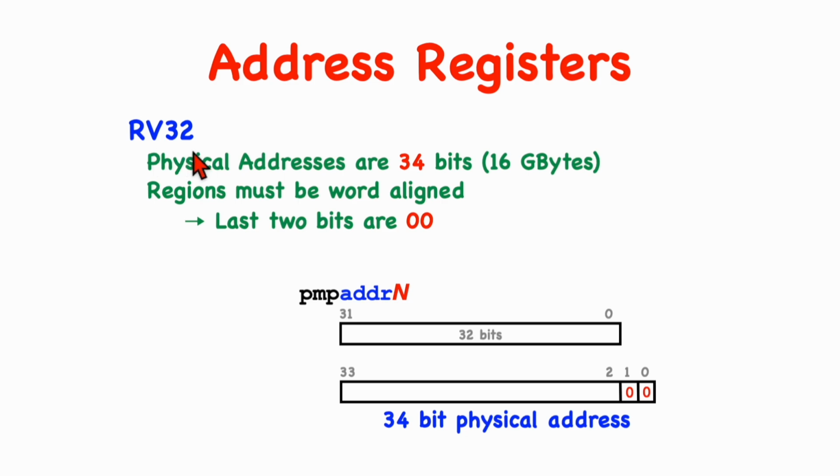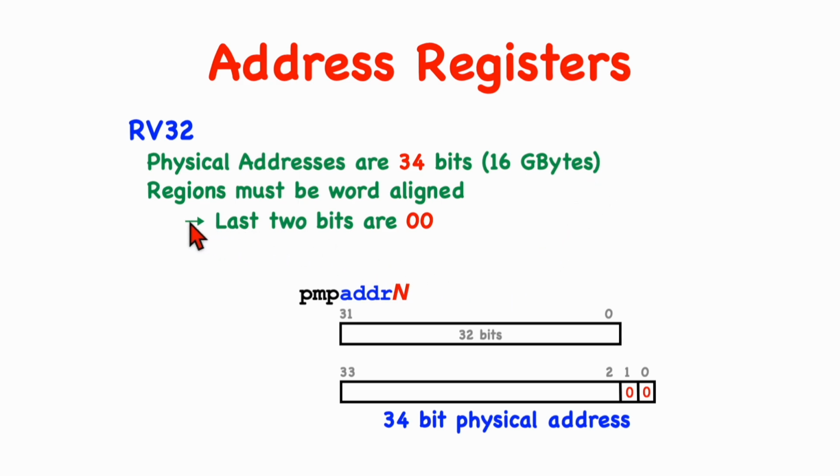For 32-bit RISC cores, the PMP address registers are 32 bits in size. But with paging, physical addresses can be up to 34 bits in size, which means a 32-bit core can access up to 16 gigabytes of physical memory.